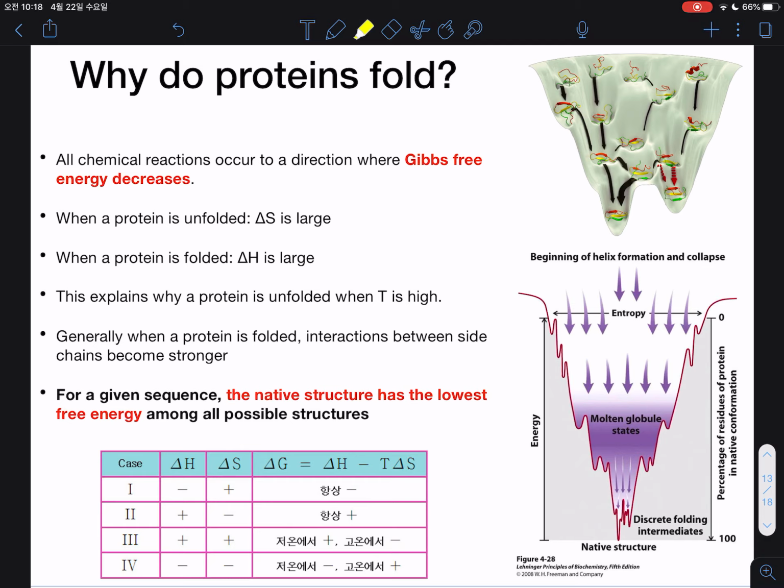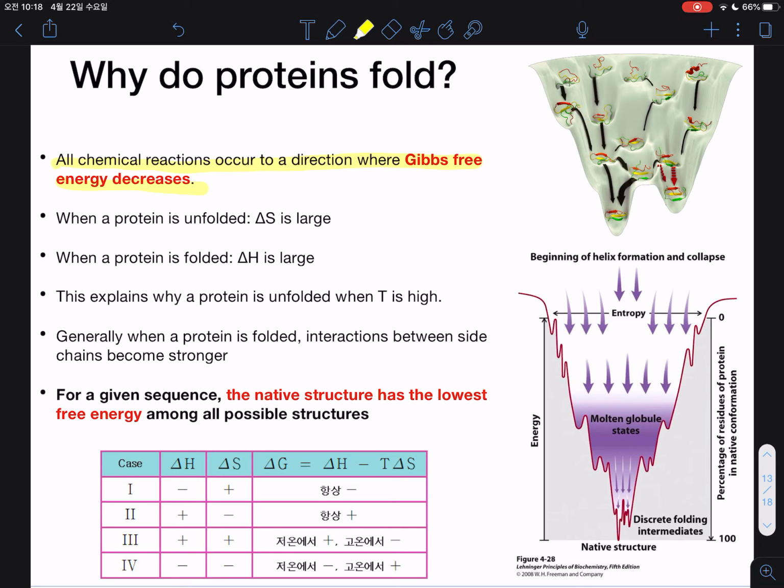Then why do proteins fold, in terms of energetics? As we have learned from thermodynamics, all chemical reactions occur in a direction where Gibbs free energy decreases, right? All the spontaneous chemical reactions happen in the direction where Gibbs free energy becomes lower, right?